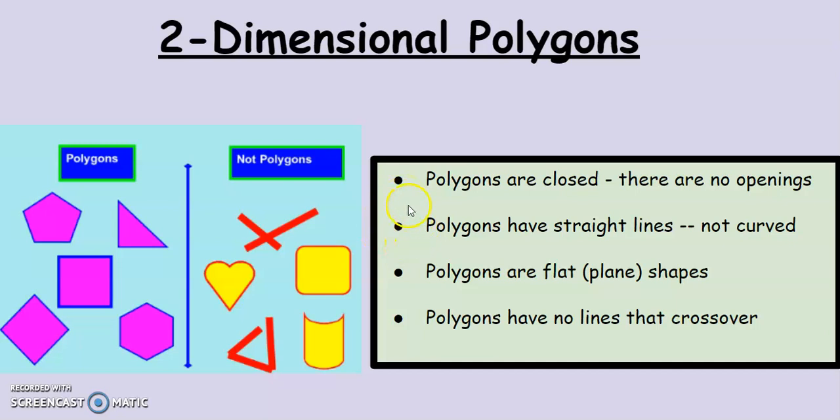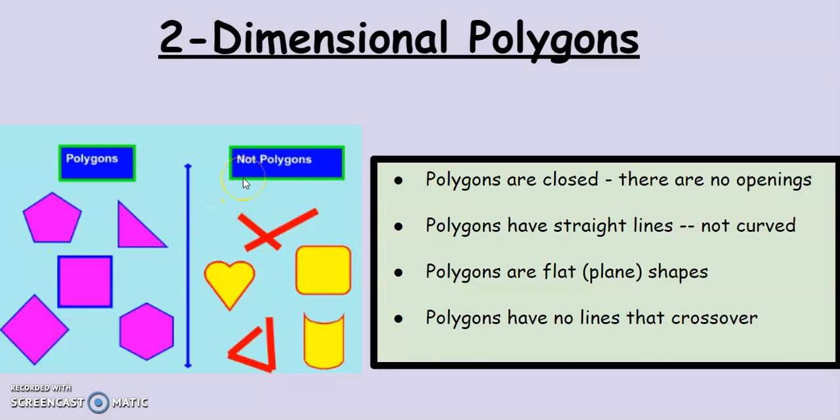The second characteristic of polygons is that they all have straight lines, no curves. Again, let's look at our side that says polygons. Sure enough, all of the lines I see are straight.